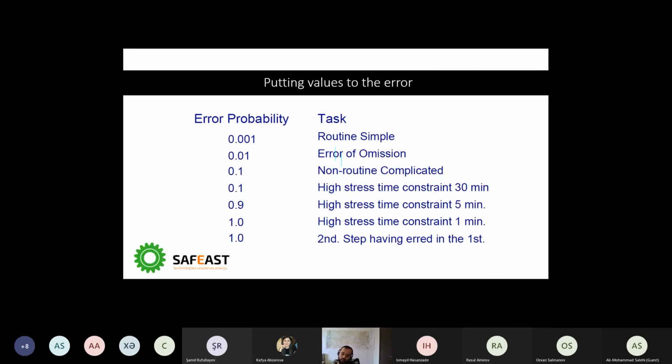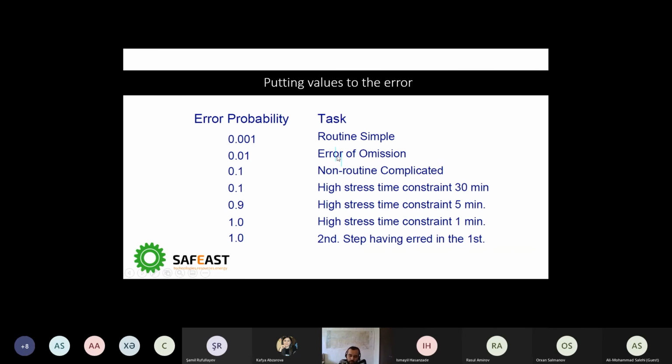When we are doing human error quantification, we are trying to put values to the errors so that we can quantify them in fault trees, risk assessment or likelihood analysis. For example, if a person is doing a routine simple task without stress, without haste, and has enough time, we say the probability of error is 1 in 1,000.